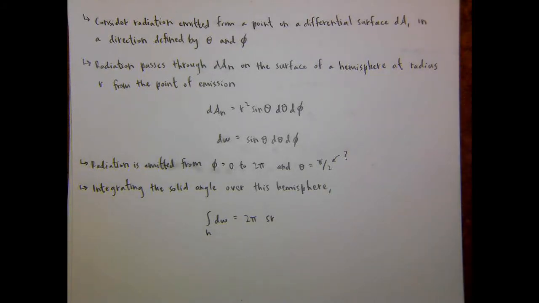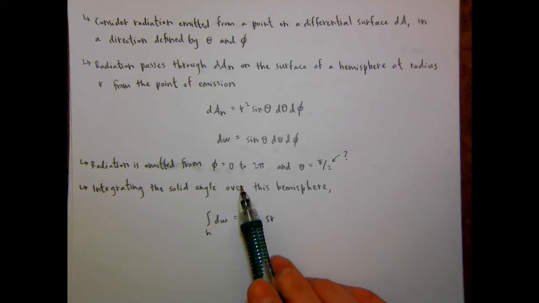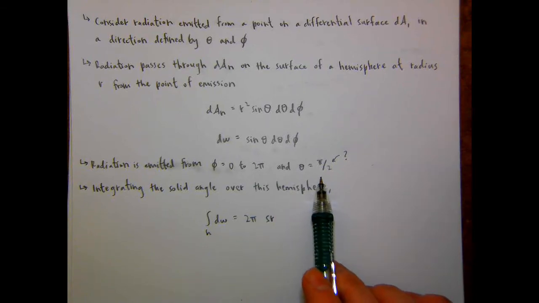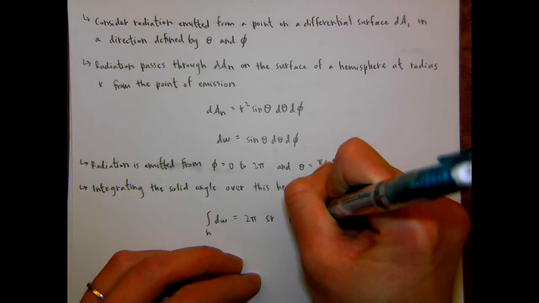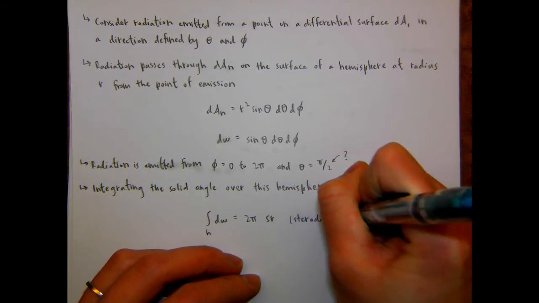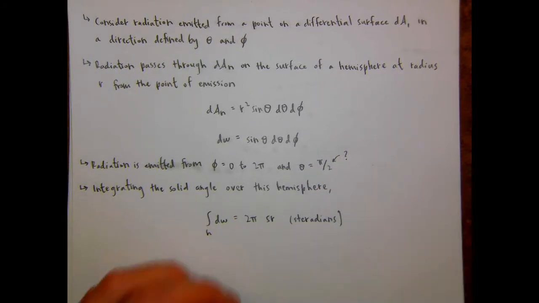And we do that by integrating from phi is 0 to 2 pi and theta 0 to pi over 2. Can you spell a steradian? Sure. Thank you. Hopefully this was like calculus 3 or something.